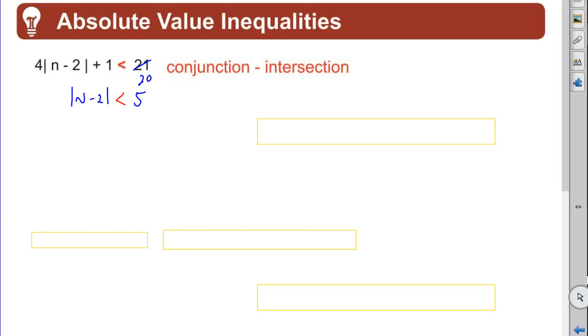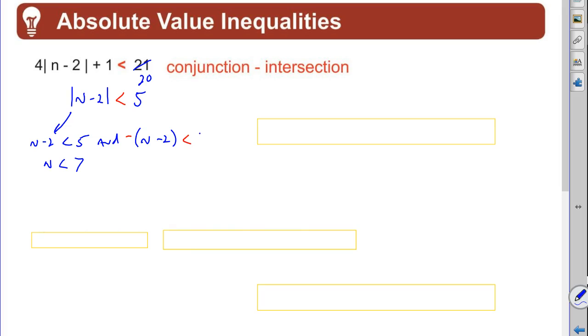Now, I can solve each absolute value inequality, and I'll do it that way. So, remember the first time, you just simply remove the absolute value and solve. So we get n less than 7. I'm going to keep the word n because it's a conjunction. Second time, remove the absolute value, place a negative in front.